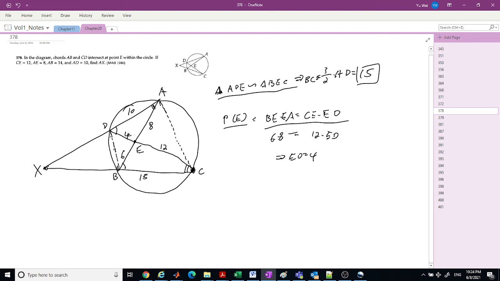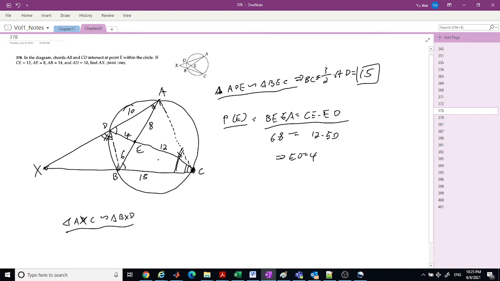So in order to see the XD, we have a similar triangle of this, right? So we know the triangle AXC is similar to triangle BXD, right? So now let's see whether we can borrow this.